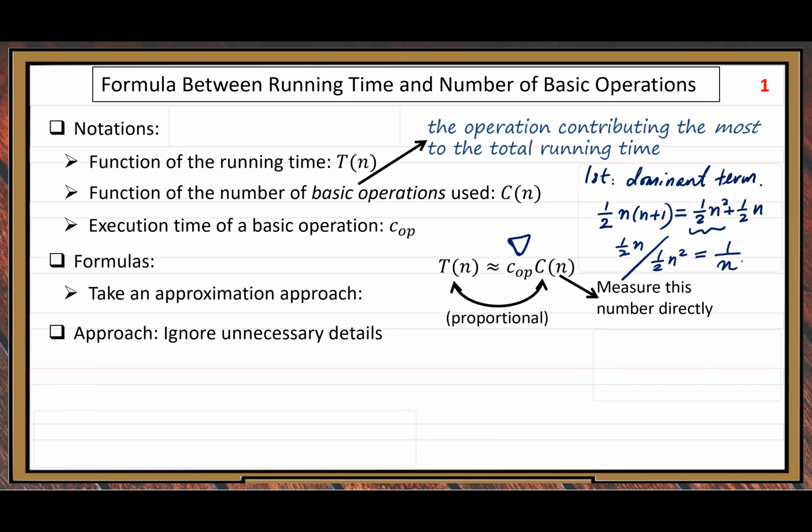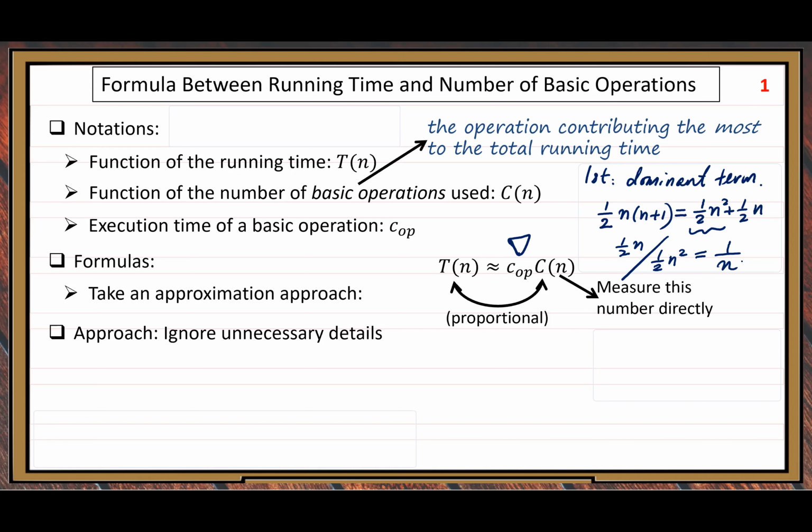The ratio of the second term over the first term is 1 over n. You can see this fraction is related to the number n. When n is 100, you approximately throw away 1%. Actually slightly less than 1%, but let's just use the approximate number 1%.